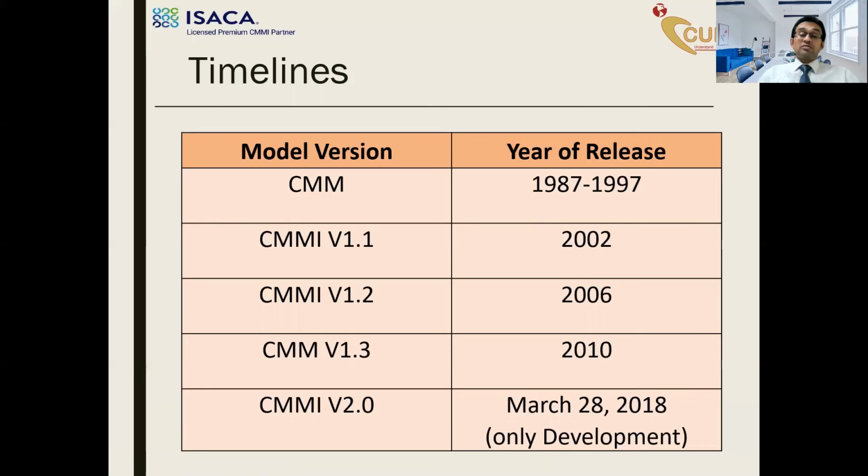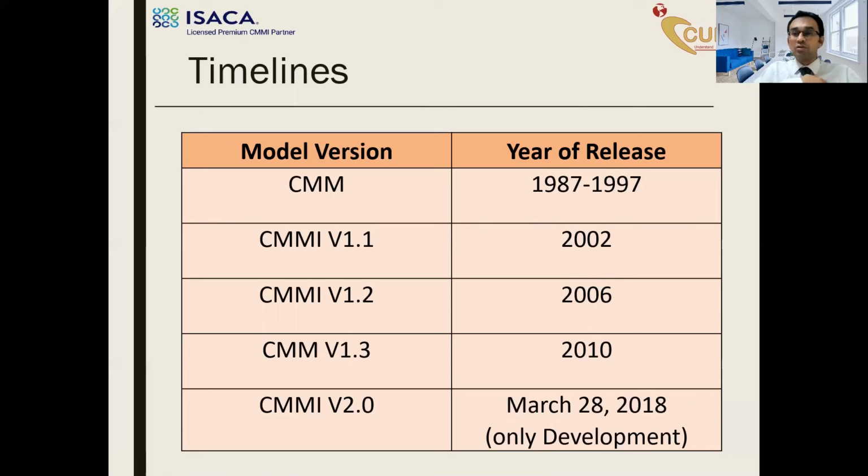And now comes CMMI version 2.0. What you can notice as a difference is definitely that it's not just 1.4. Why is the new version not called 1.4? Why is it 2.0? Because it's a paradigm change. There's a total change, and that is why we are having this webinar. My attempt will be to explain some key differences between the two versions, the previous one and this one.